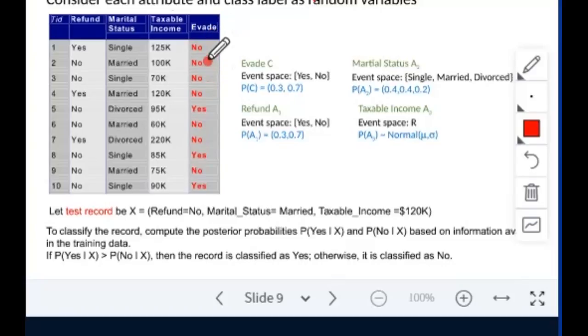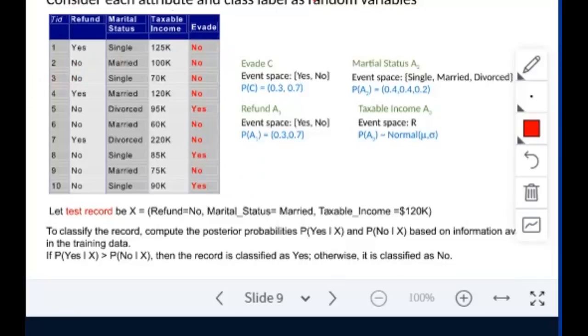No means defaulted, that means they are not paying the amount. Yes means the person repays the loan correctly.